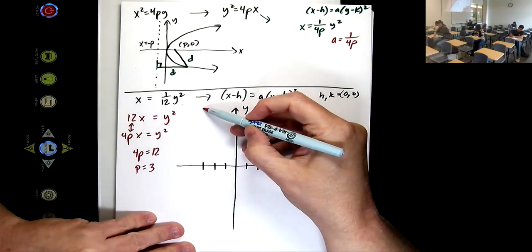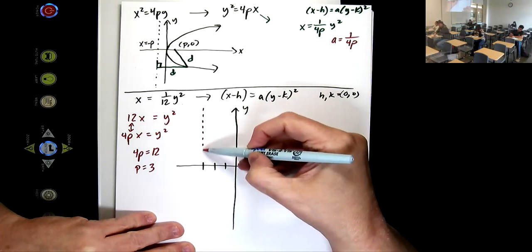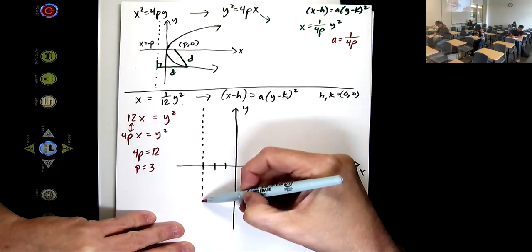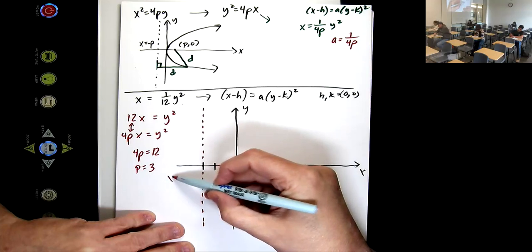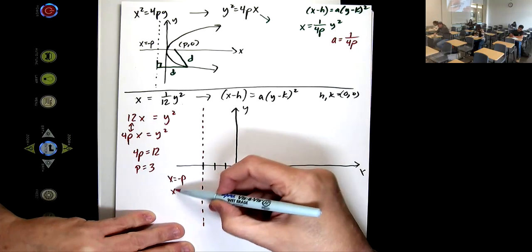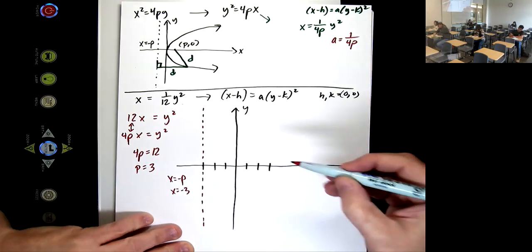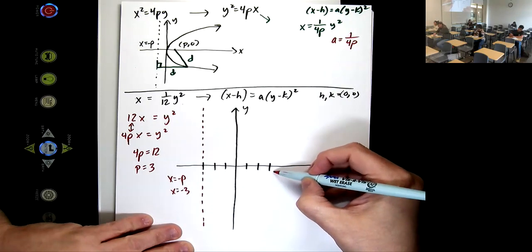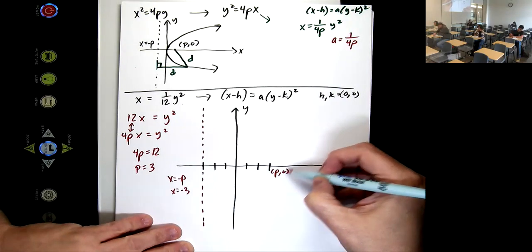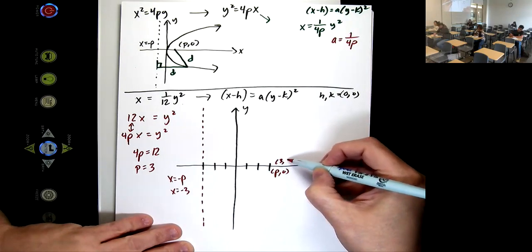My directrix is at x equals negative p. And my focus is at (p, 0), which is (3, 0).